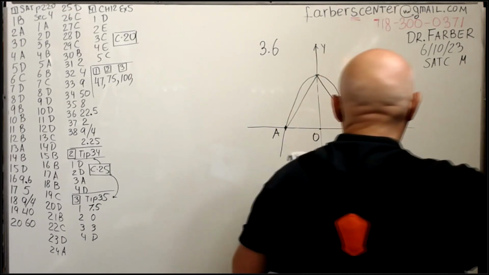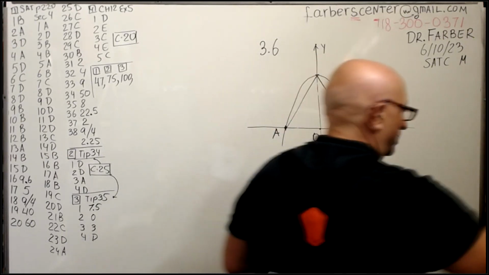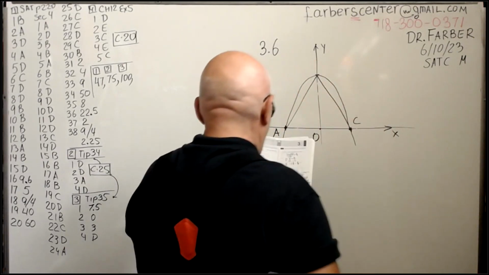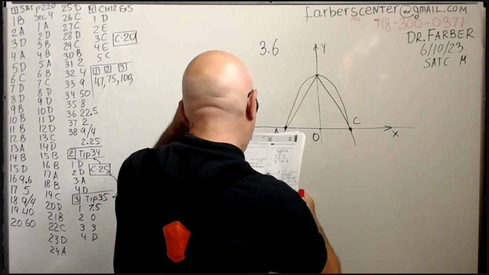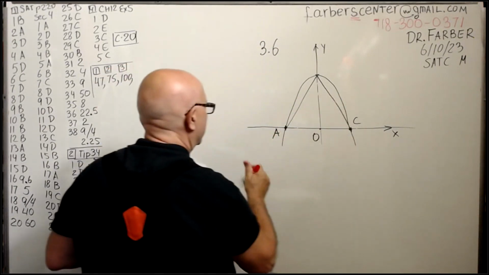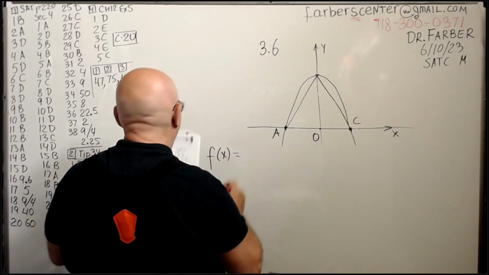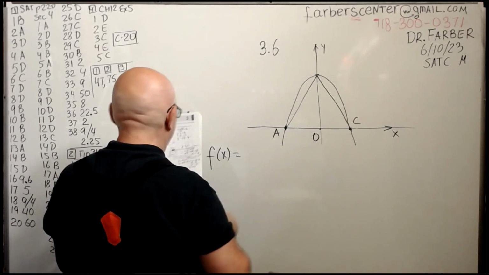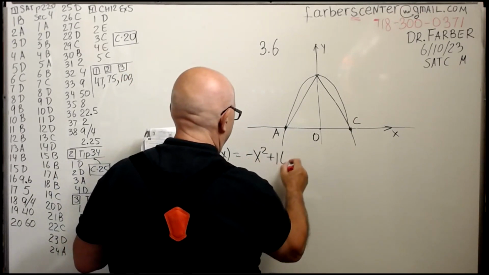Okay, I erase a little bit again. Make a move. And this f of x equals, they provide the equation, negative x squared plus 16.